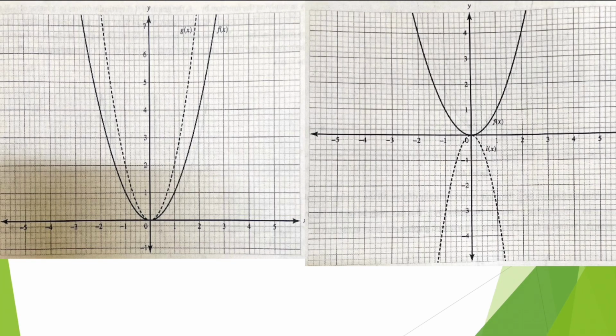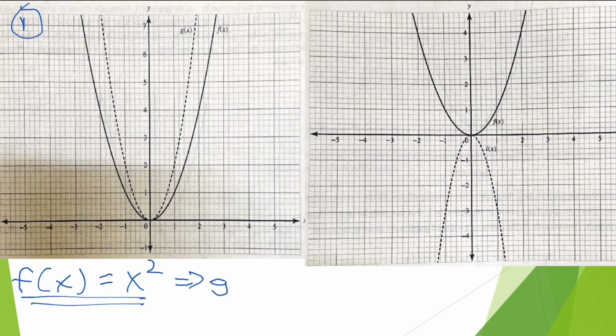Okay, right here we have two broad cases. The original function in both of them is f of x equals x squared, which is quite convenient to work with. Now, in the first case, in the first picture, the new function g of x is equal to 2x squared.